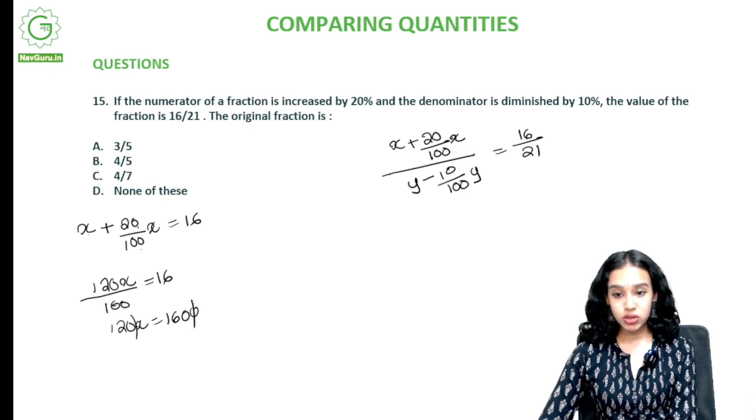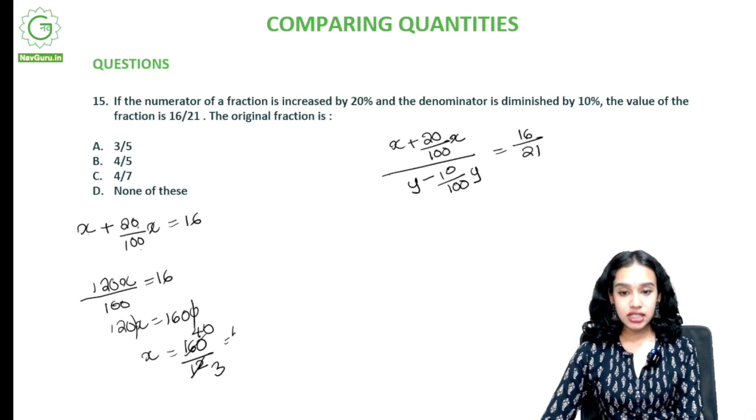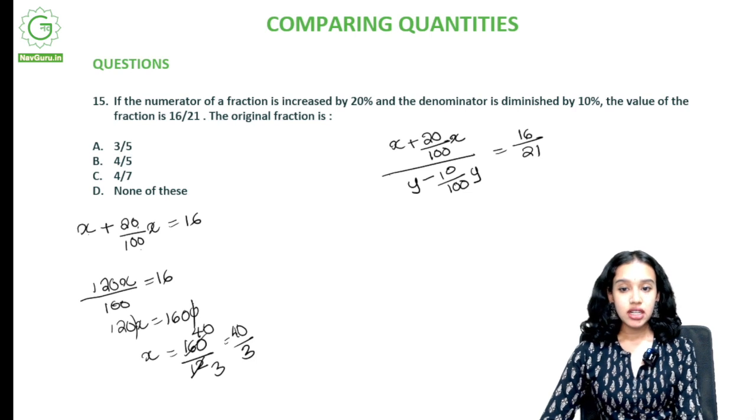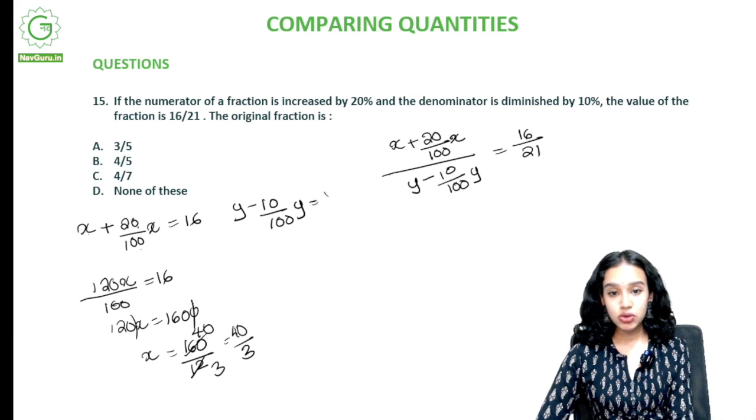We cancel both of these zeros. Then x is equal to 160 divided by 12. So let's cut it down by 4. We have 40 here and we have 3 here. Now 40 by 3, let's keep it like that. X is equal to 40 by 3. Now let's find y. So y minus 10 by 100 times y is equal to 21.